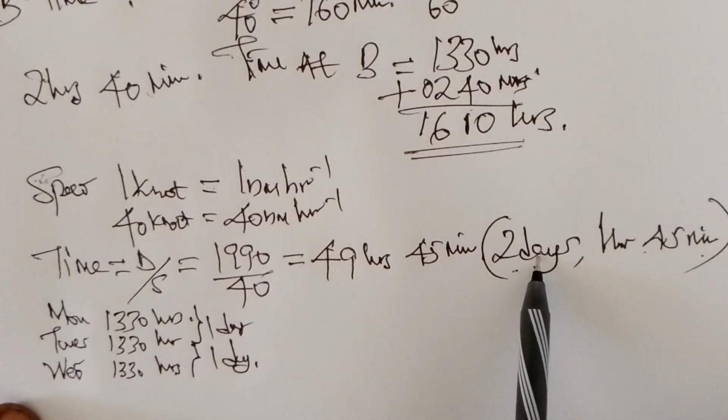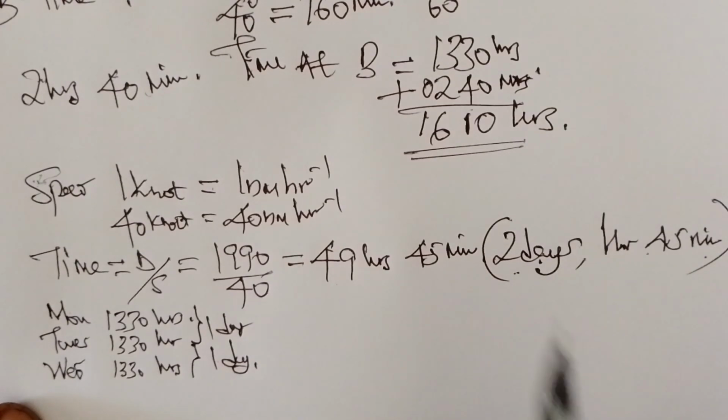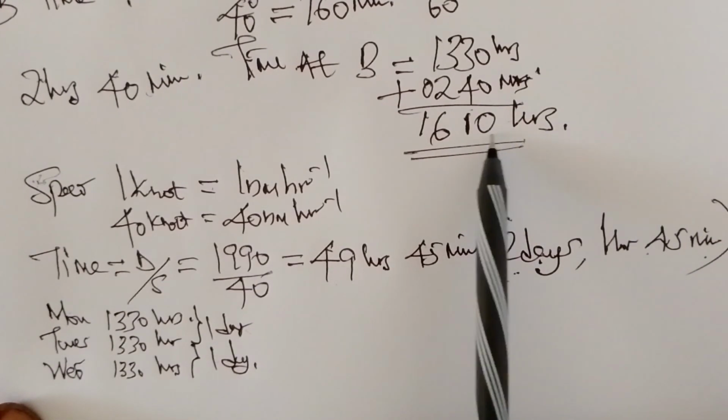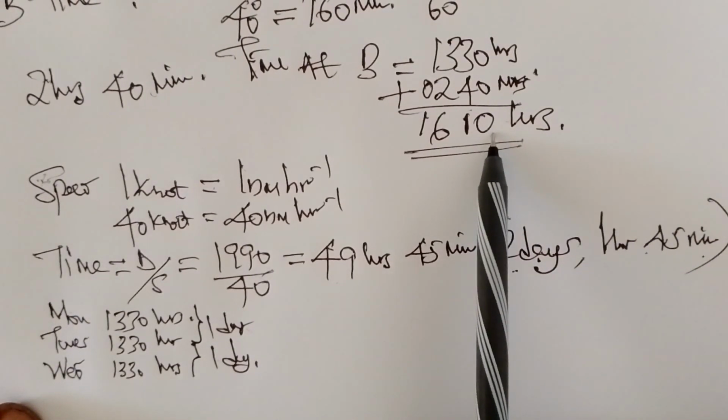And what was the time at B? The time at B is now 16:10 hours, because they are behind time.